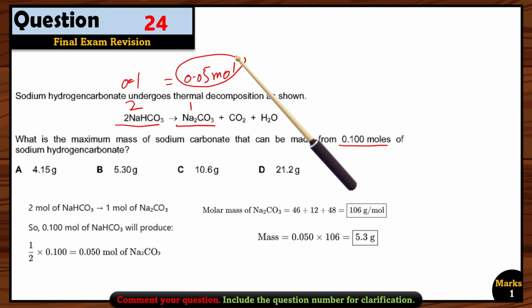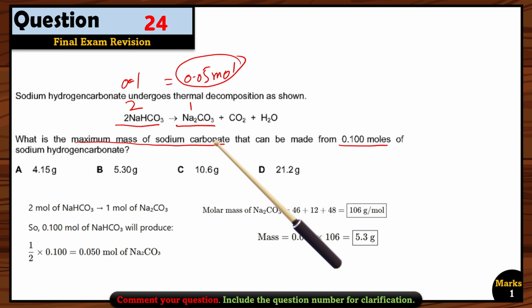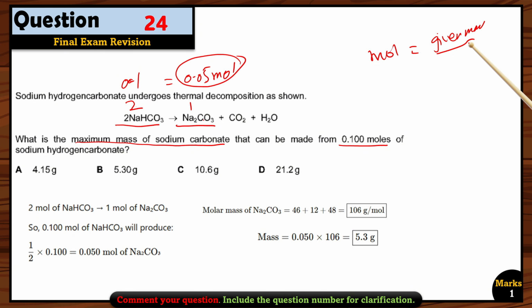Now you already know the moles, but you have to find the maximum mass of sodium carbonate. Simple. Use the formula: moles is equal to given mass divided by molar mass. Here you have to find the given mass. Moles is already given, and molar mass we find from the periodic table.